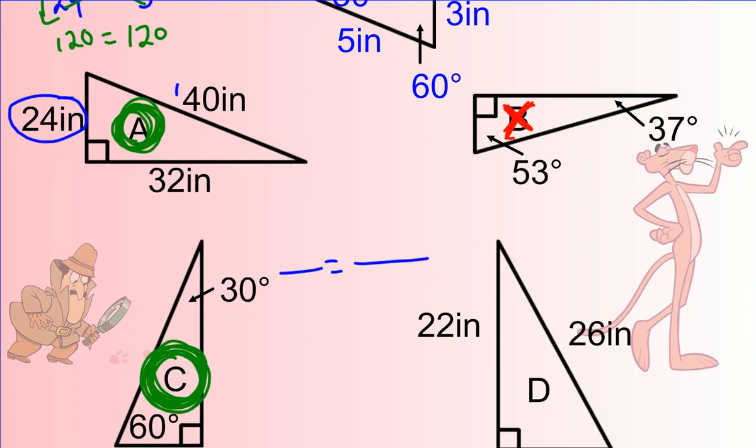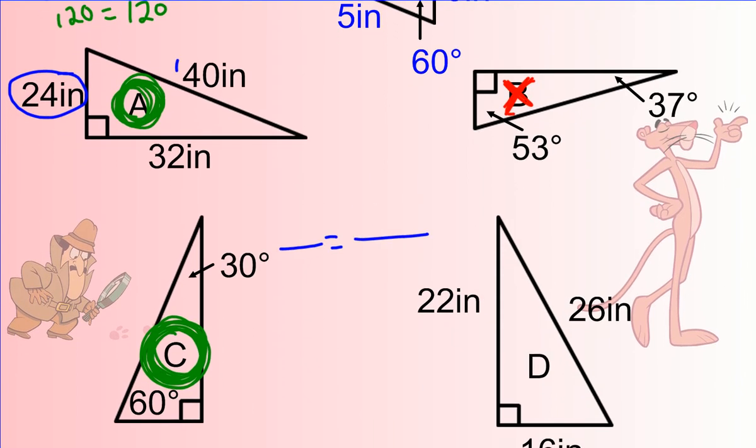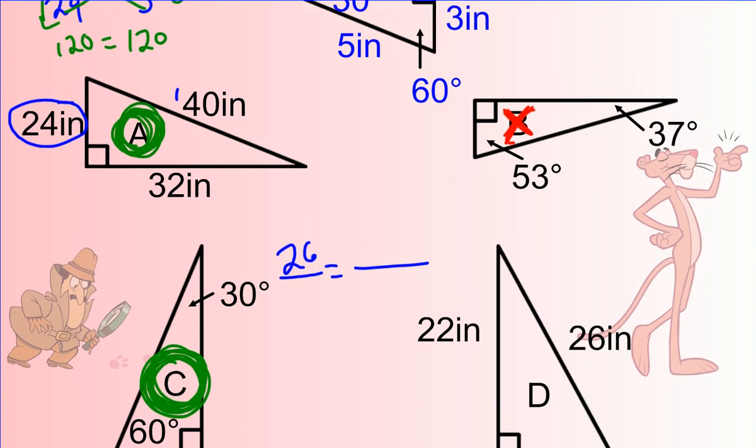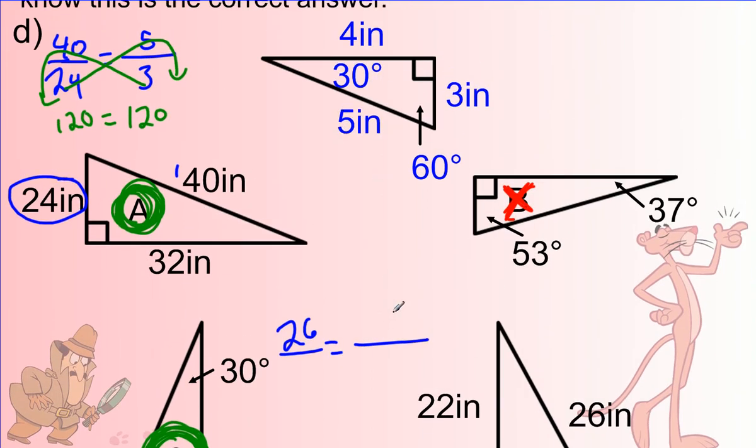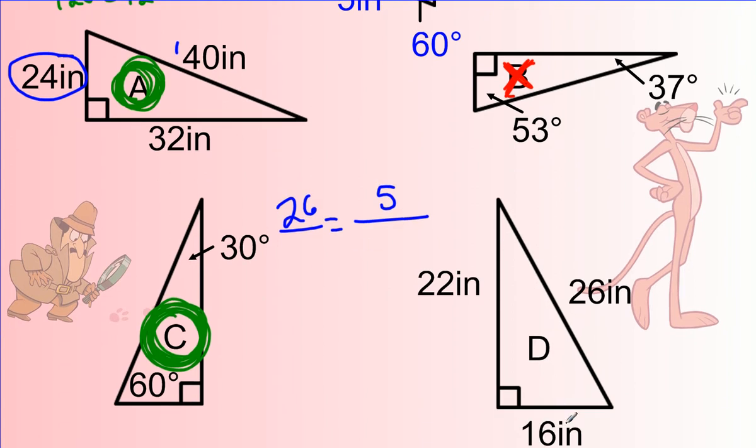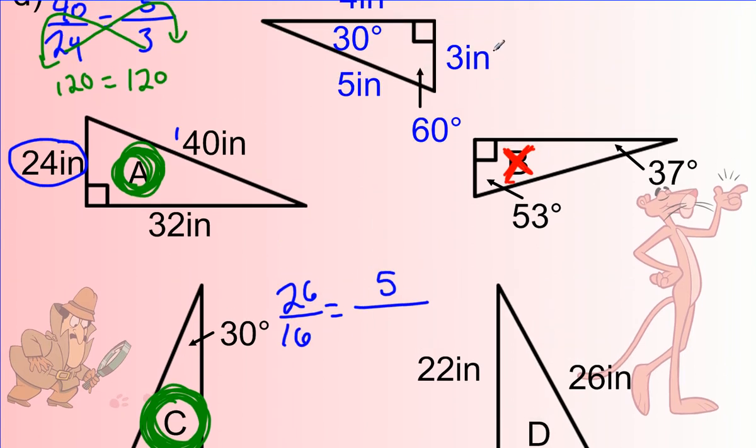So let's plug in some sides. I'm going to use the same couple of sides. I'm going to use the hypotenuse here, which corresponds to the hypotenuse here, which is 5. The shortest side of letter D is 16. And the shortest side of the given triangle is 3.